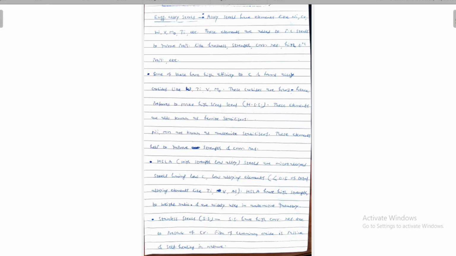Self-healing means if for any reason this chromium oxide layer at the surface is broken, then immediately a fresh new passive layer of chromium oxide will be formed, and thus the underlying material will remain protected against the corrosive atmosphere. So this is the main characteristic of stainless steel.